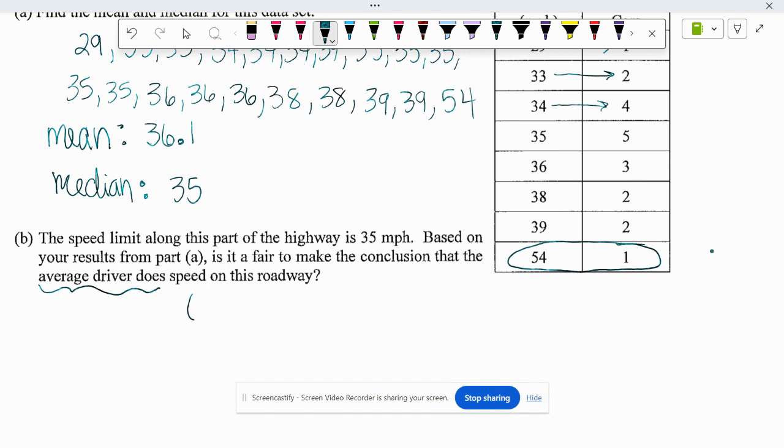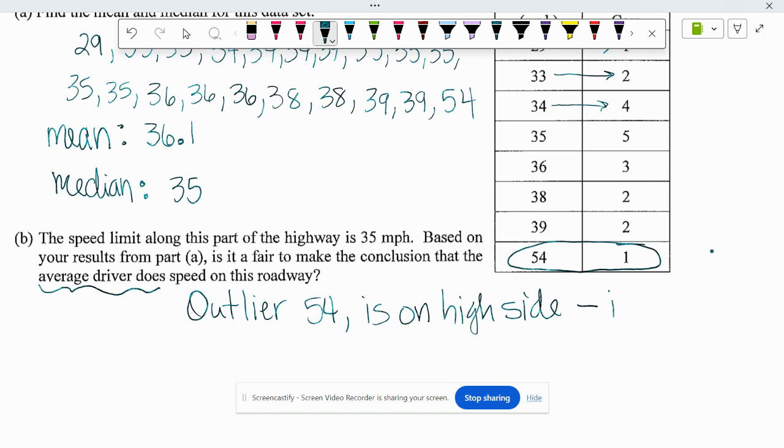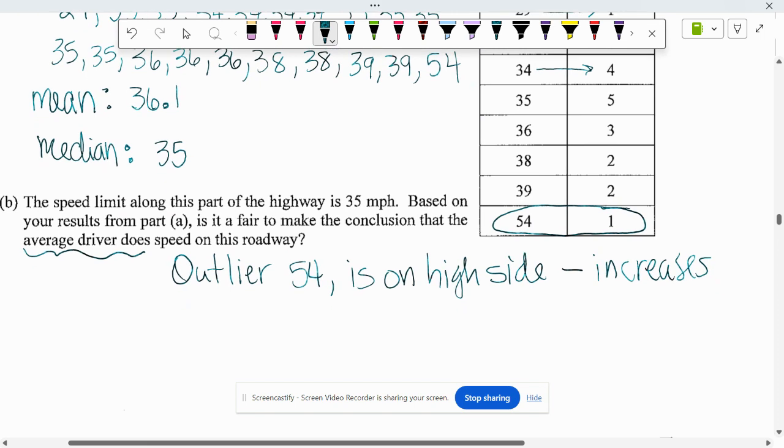So I'm going to tell you, first of all, that the outlier 54 is on the high side, right? And what does an outlier on the high side do? It increases your mean.